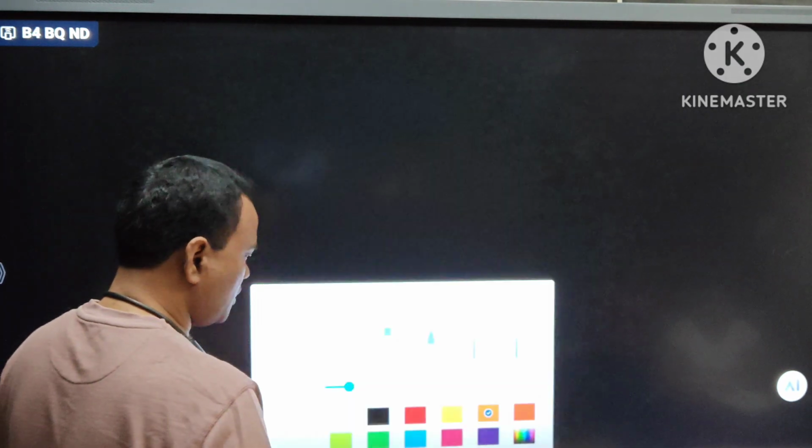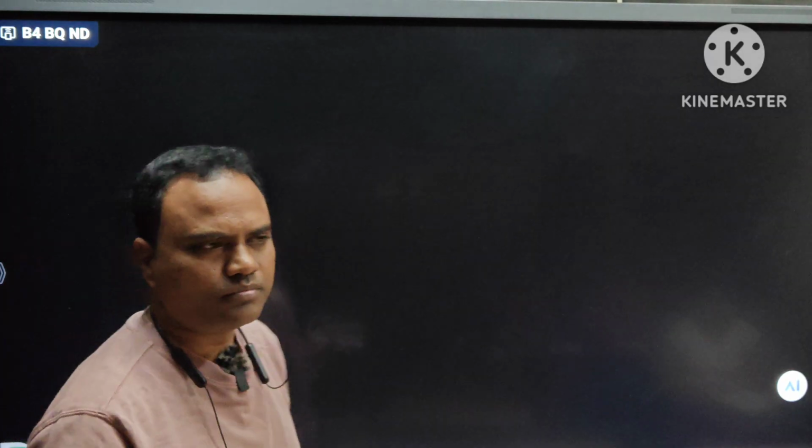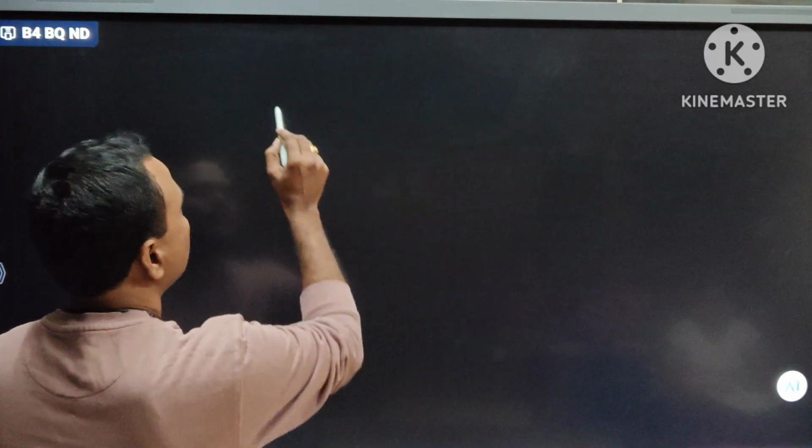First model question. After completing theory, we are doing the first model question per NEET.